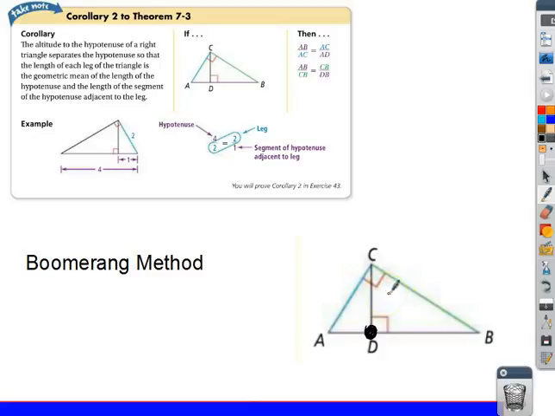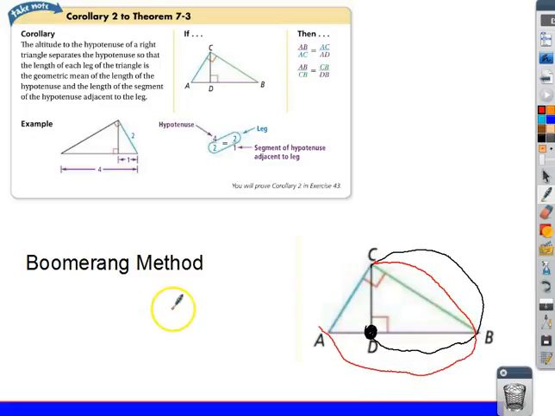So I'm going to throw my boomerang, and the boomerang goes out, and then comes back, but it always lands behind me. Boom. So the arcs define the sides of how I'm going to set up my proportion. So remember, this is the direction I went in, and then I go back in this direction.